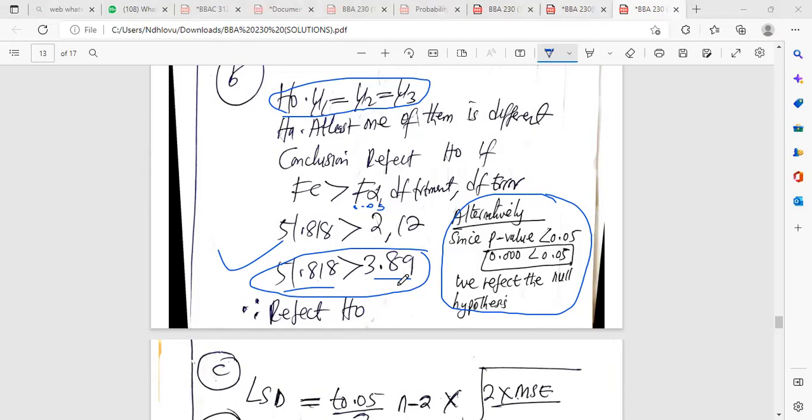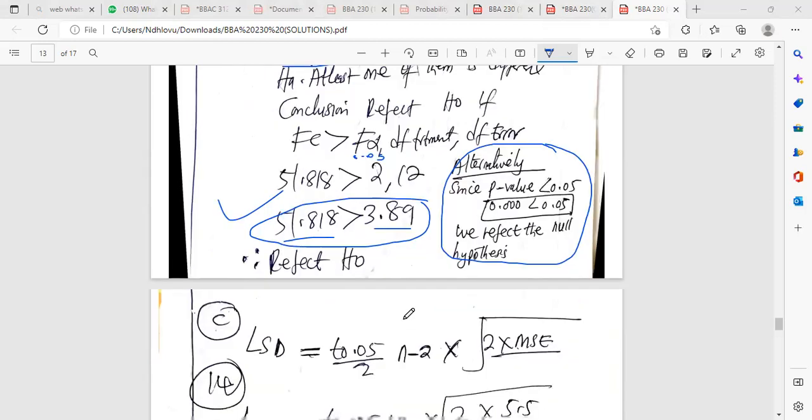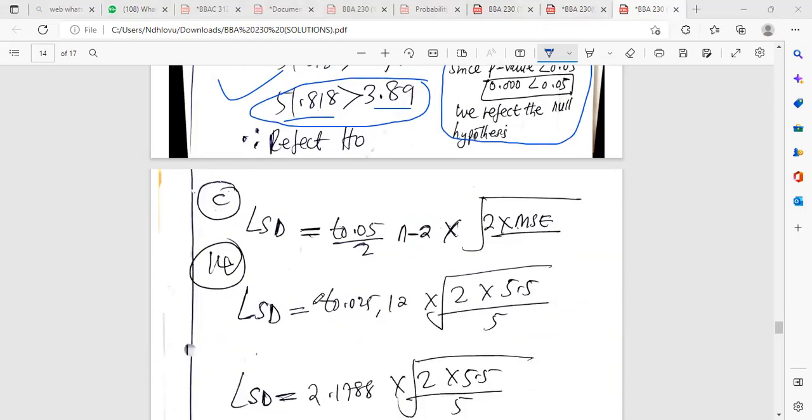All right, so now let's look at the last one, where we're looking at the LCD, the least significance difference. The L is for least, S for significance, D stands for difference.